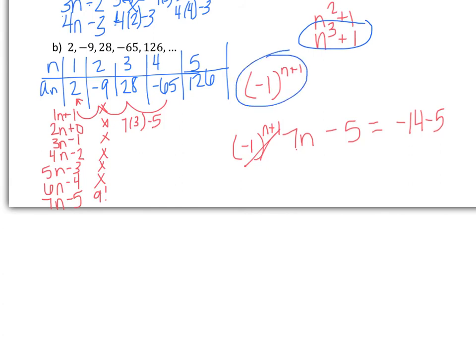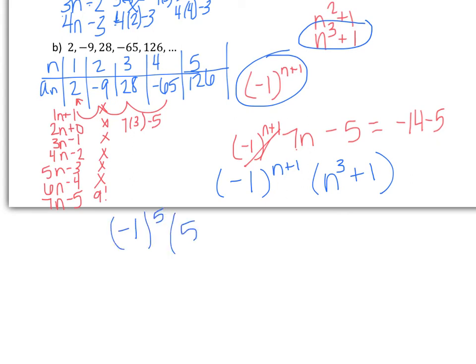So let's put this together and see if this works. Negative 1 to the n plus 1 times n cubed plus 1. Let's try this out with a couple of them. Let's do 5. Negative 1 to the 5th power times 5 cubed plus 1.